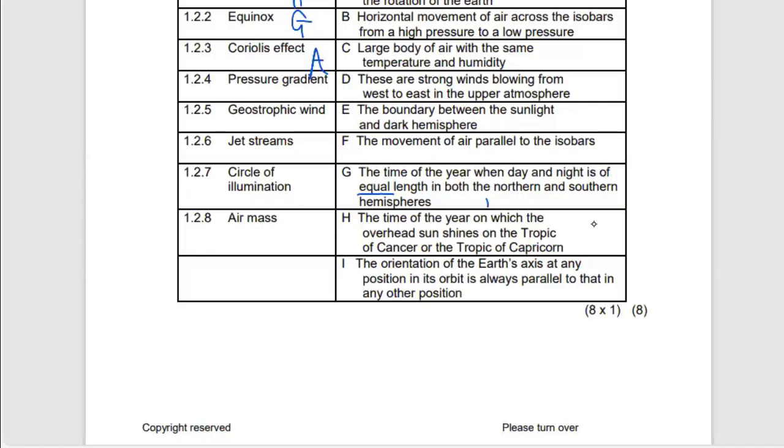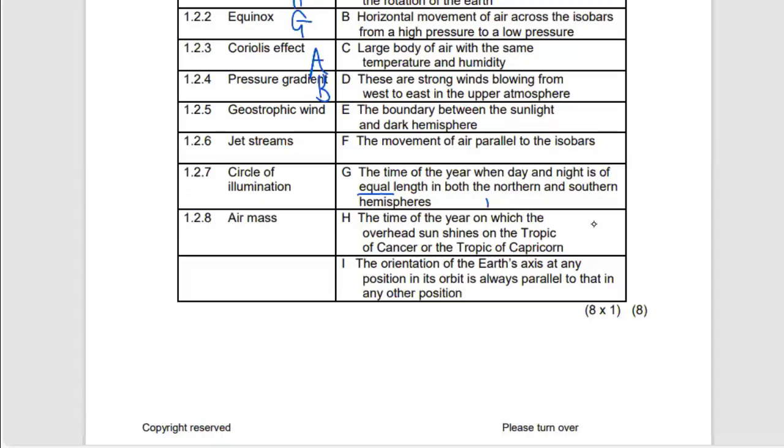Right, it takes us to the next question, which is question number 1.2.4. Pressure gradient, what is the best description of pressure gradient? We can match pressure gradient here according to the description at item number B, which says it is the horizontal movement of air across the isobars from a high pressure to a low pressure.